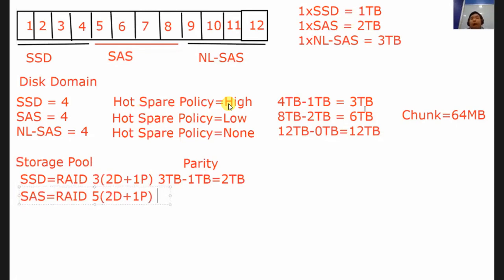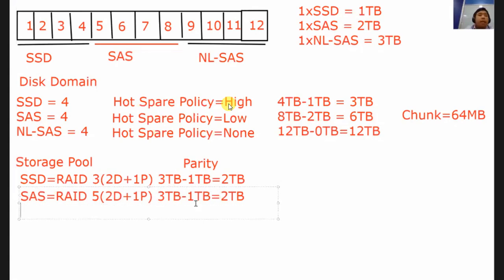How many do I have? I have 6 terabyte here. The same thing: I use 3 terabyte to form the RAID 5, then I need to minus out the parity. Let's say the parity is also 1 terabyte. So you will see a balance of 2 terabyte. This is basically your usable space on the SAS itself.